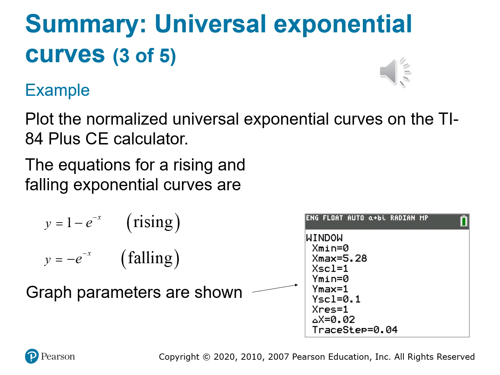The calculator settings shown on the slide here give you the perfect view. So x min is equal to 0, x max is equal to 5.28, and that covers 5 tau, or 5 time constants. The y minimum is equal to 0, and the y max is equal to 1, and that shows the percentage from 0 to 100%. So you'll see the classic S-curve rise for y is equal to 1 minus e to the negative x, and the smooth exponential drop for y is equal to e to the negative x.